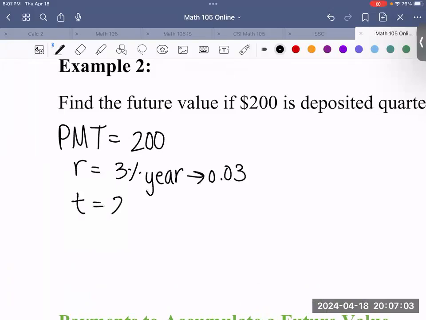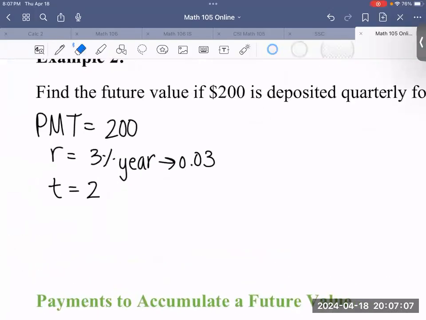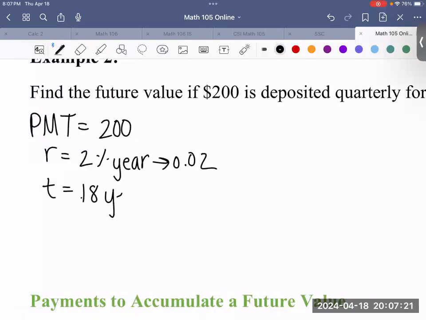We're now working with 18 years, not 20, 18. Oh, it's not 3%, it's 2%. Yeah, this is years. And we said we're compounding quarterly.